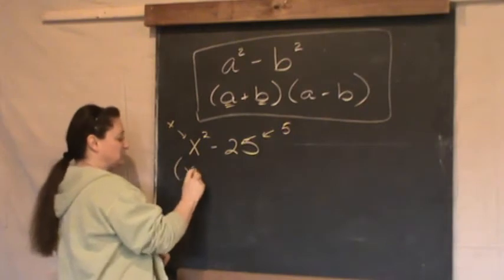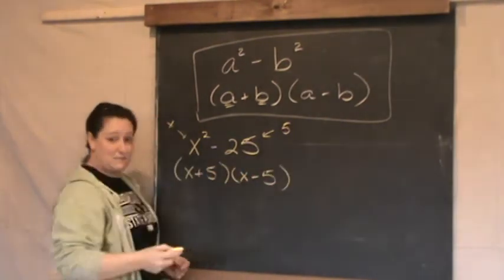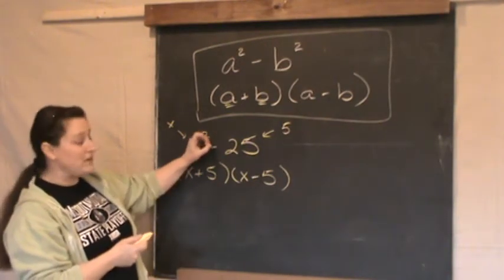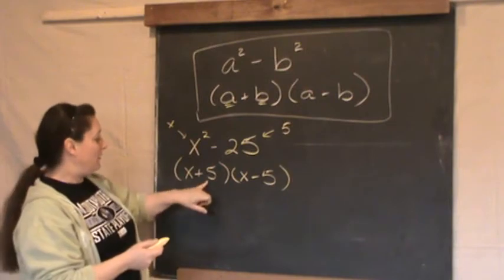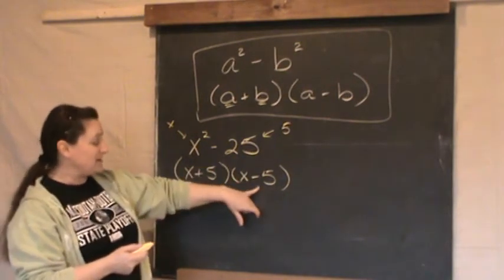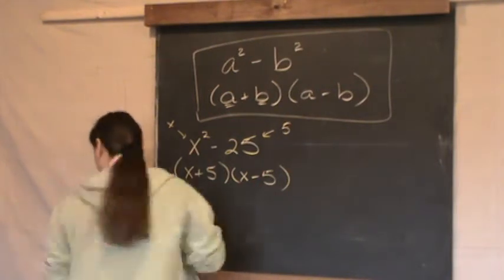So this factors into x plus 5 and x minus 5. Another way we thought about this is that there's no middle term, there's 0 x's. 5 times negative 5 is negative 25. 5 plus negative 5 is 0. 0 middle term. Okay?